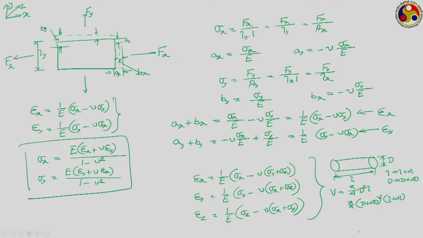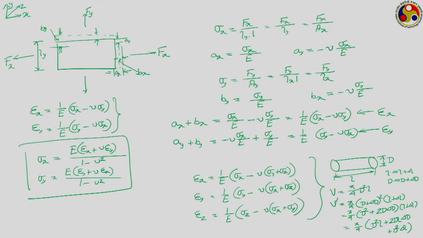If we assume that there is no change in volume, this is V prime, that is the volume after modification. Okay, let us simplify this. Delta d and delta L both being very small quantities, we can neglect any product involving them. So, it becomes d square plus 2 d delta d, delta d square can be neglected, into L plus delta L, into pi by 4, that is pi by 4 into d square L plus 2 d L delta d plus d square delta L. The product of delta d and delta L can be neglected.